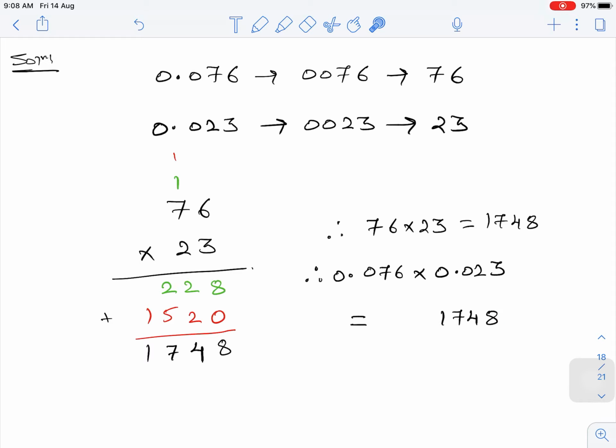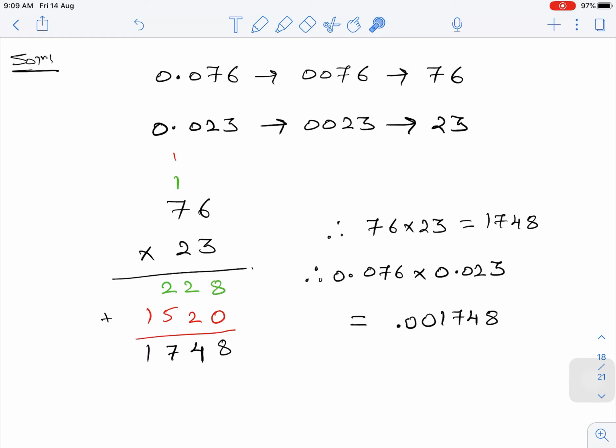Now adjust the decimal. Now we know where the decimal is present, it is present over here. From here we have to come to the left, so 1 2 3 4. We do not have the fifth and sixth digits, so 5 6 and then the decimal. Again check it. The decimal was present over here, so we came 6 digits to the left, because we have to adjust the decimal place. 3 plus 3, so the total decimal place is 6.